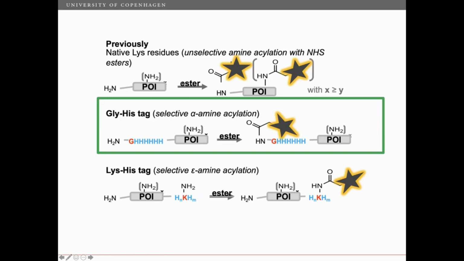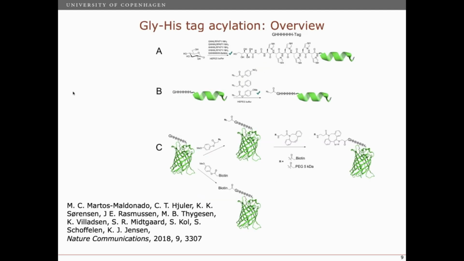And that would give typically a variety of products, could be N-terminal, could be at the lysines. And we endeavored to develop a more selective method for acylation, and this became the Gly-His tag and eventually the Lys-His tag.